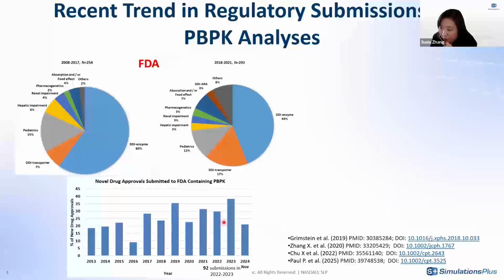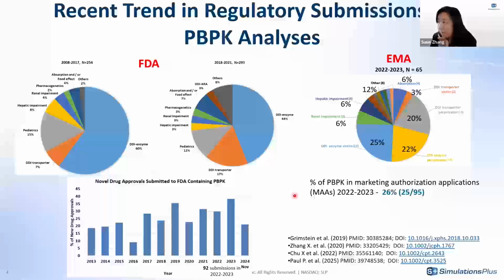We picked these 2 years so that we can compare with the EMA submission summary, which was published this year, 2025. They summarized 2 years of submissions where you see 65 areas of applications. In terms of the areas of applications, the distribution is similar to that reported by the FDA.